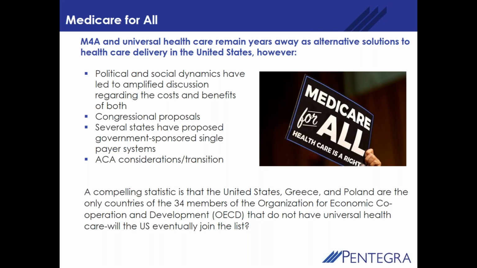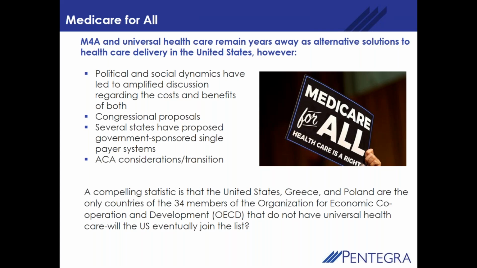Political, social dynamics. Again, there's been a lot of discussion. There have been not that many studies, but there have been a few. And it comes down to, at least at this point, you're going to have a big cost to the federal budget. It's going to cost in the trillions.